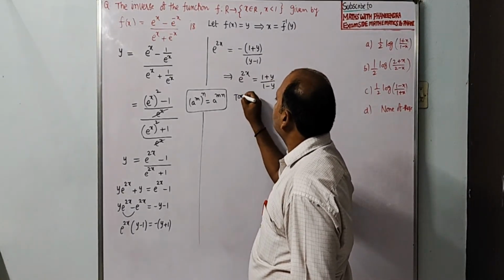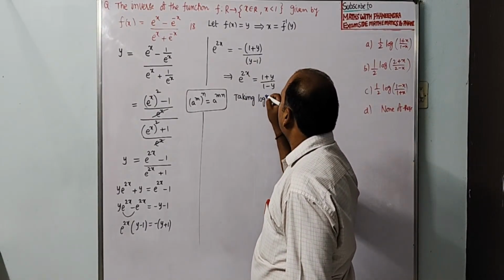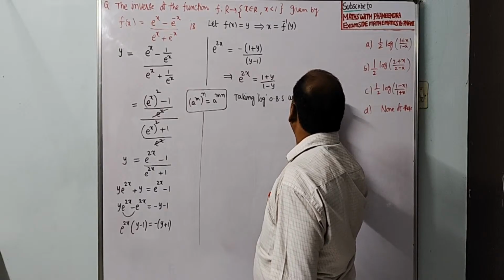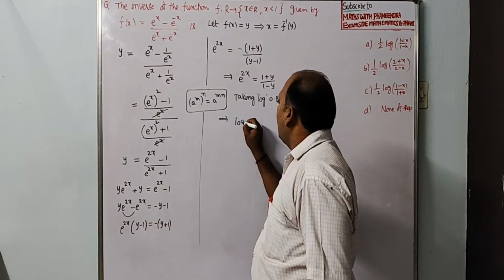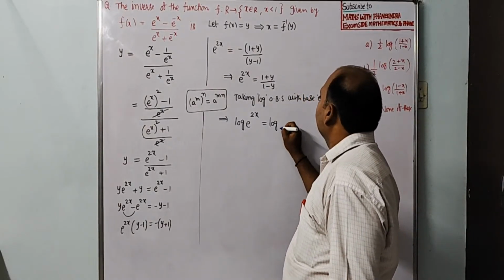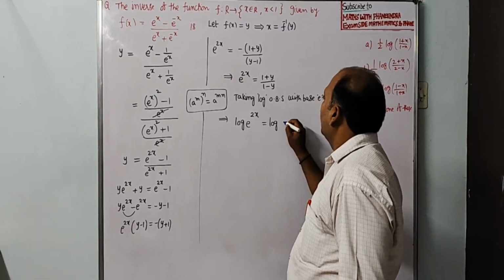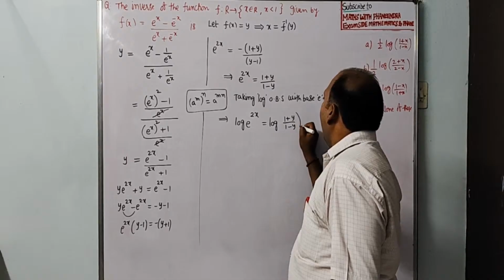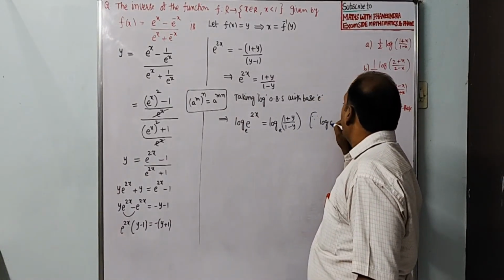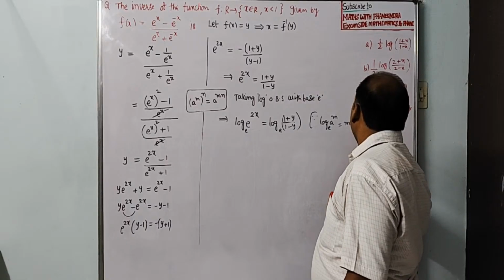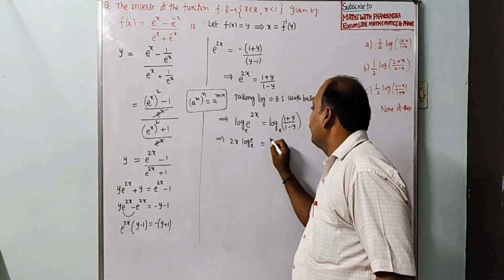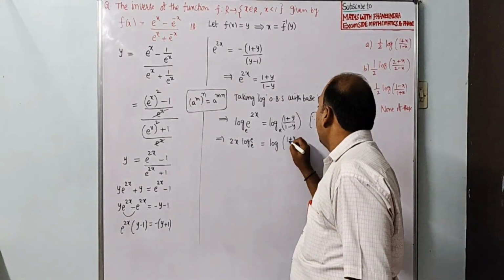So taking log on both sides with base e (the base is not mentioned here, but I am taking it as e): log of e power 2x is equal to log of (1 plus y) divided by (1 minus y).